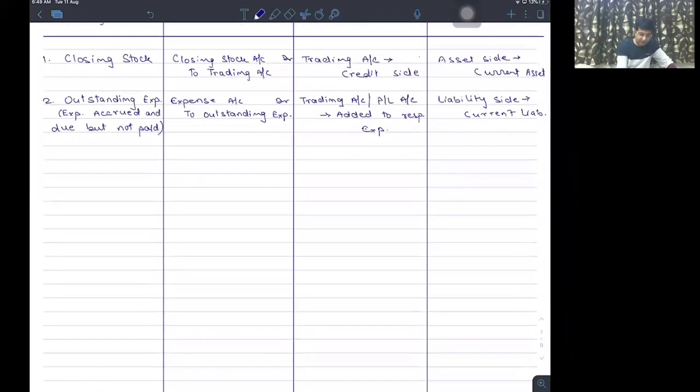The next adjustment that we are supposed to do is prepaid expenses. Now, what is this prepaid expense?